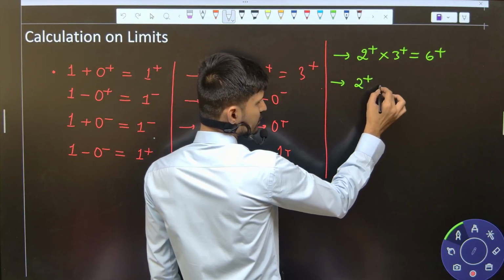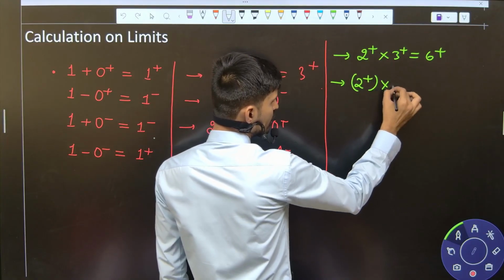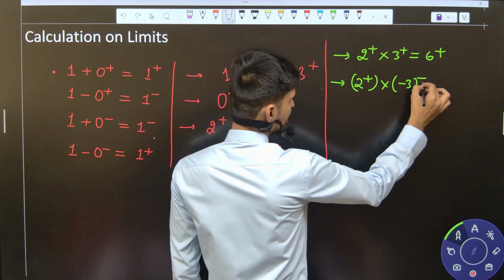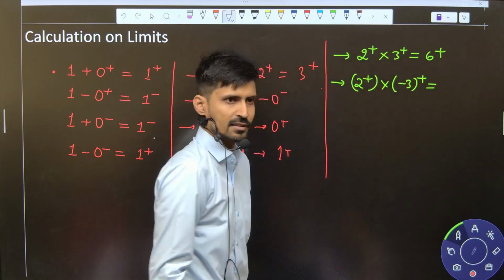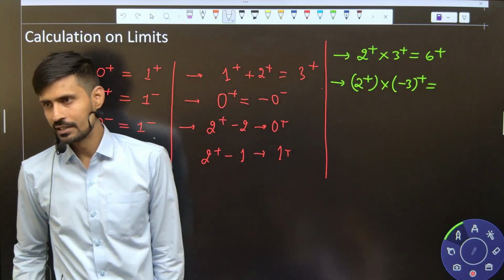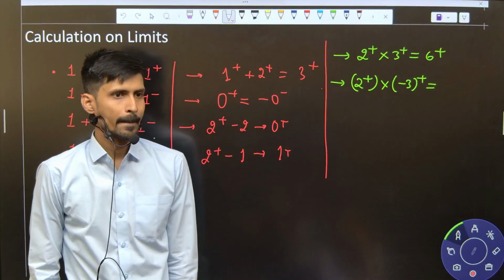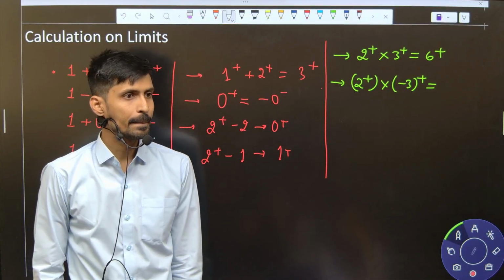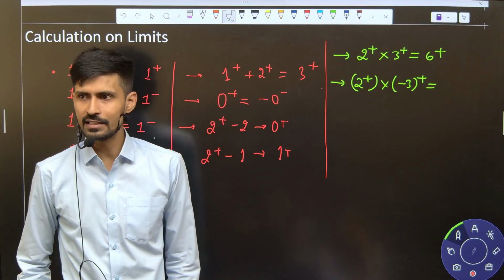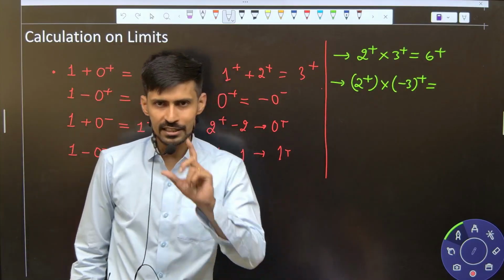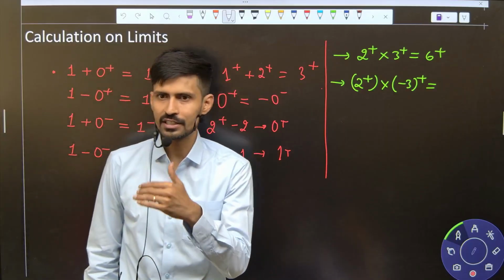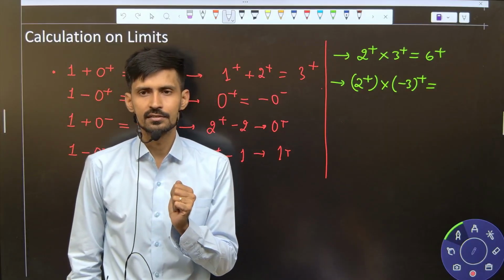If I write 2 plus into minus 3 plus, what will we get? Minus 6 plus we will get. Acha, can you tell me what is the imagination of 3 plus?